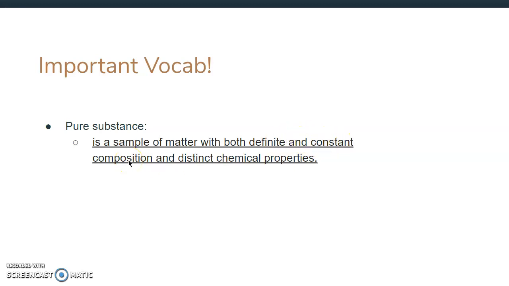We have a constant composition. What does that mean? Composition is what makes up the material or the matter. And if it's constant throughout, that means it's the same. So, for example, if we had a bunch of water, they all are the same molecules.